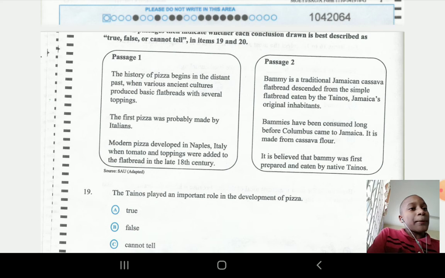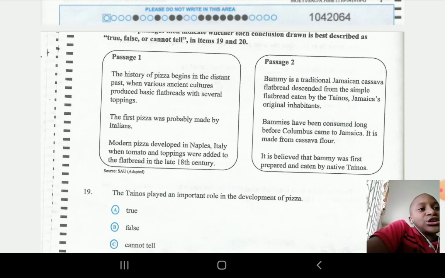So that's passage 1. Passage 2, Bammy is a traditional Jamaican cassava flatbread. They're both flatbreads. Descendant from the simple flatbread eaten by the Tainos, Jamaica's original inhabitants, until the Spaniards, and the British fought over a country, the whole thing right there.